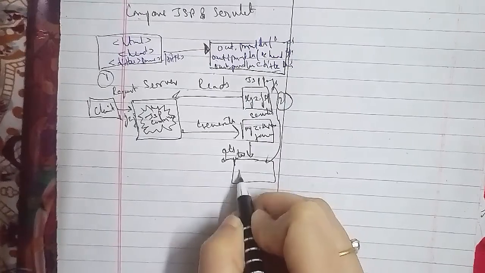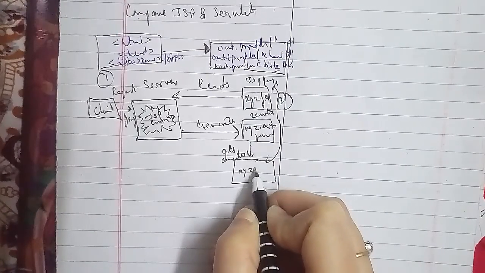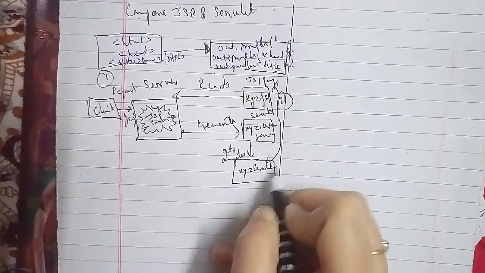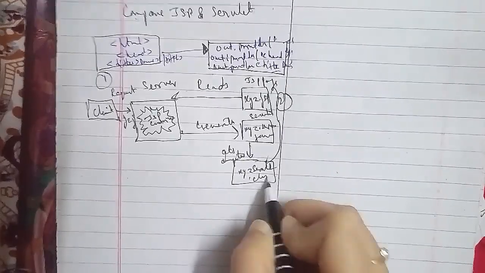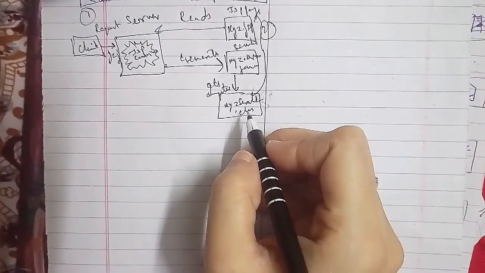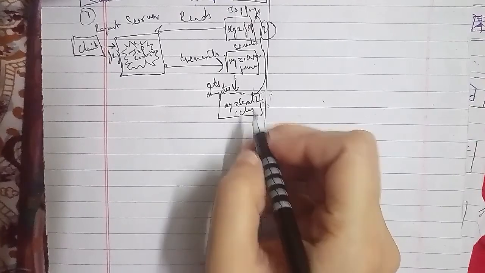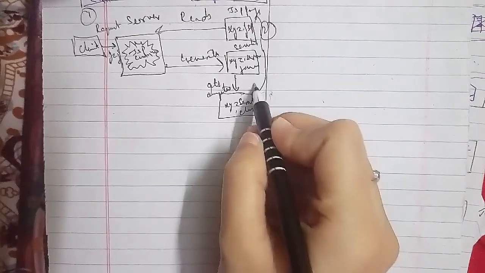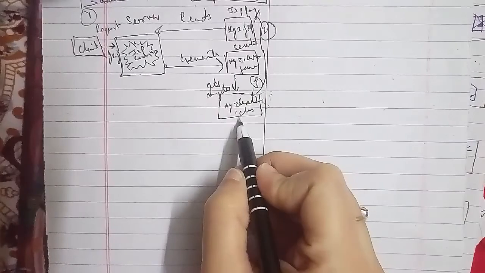It will go to the servlet again, and that is the fourth step, which is execute. Then from the servlet it will go to the client, and that is the fifth step. The response is sent to the client.